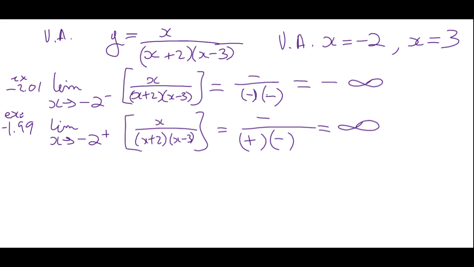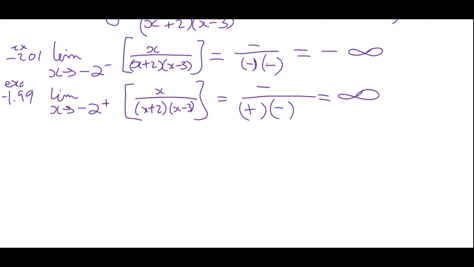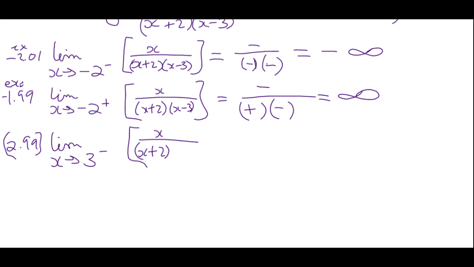Okay, remember your vertical asymptotes, what are the possibilities? They both go up, they both go down, or they go in opposite directions. And we're going to do the same thing with 3. So x approaches +3 from below, so we're going to use 2.99.